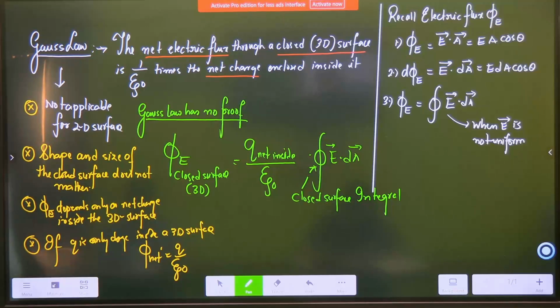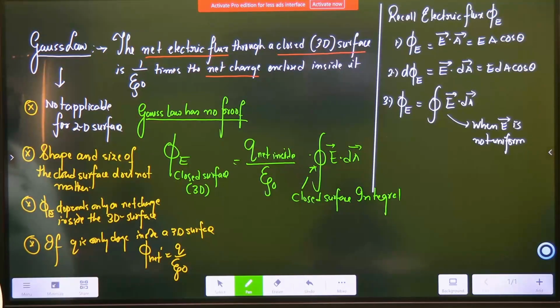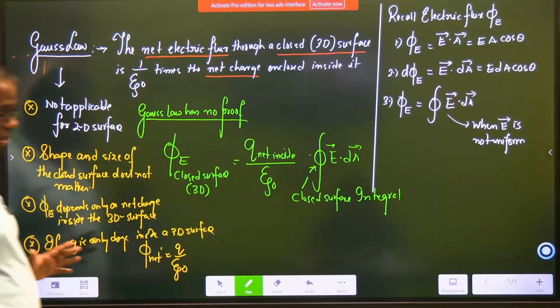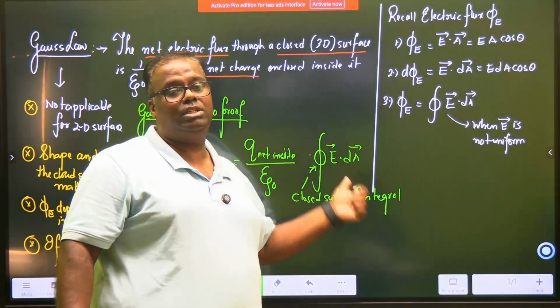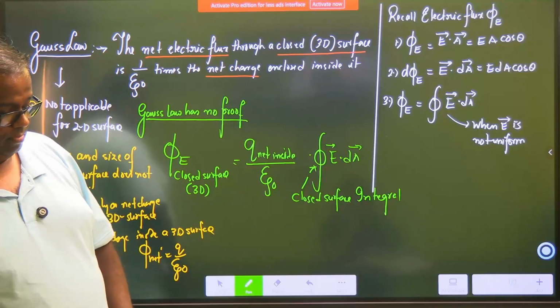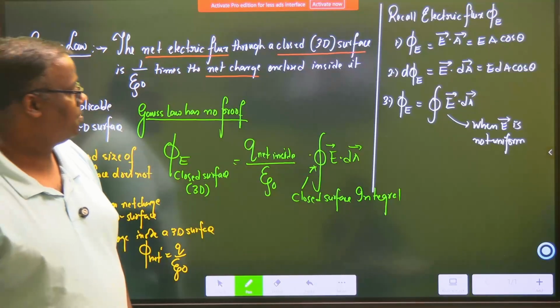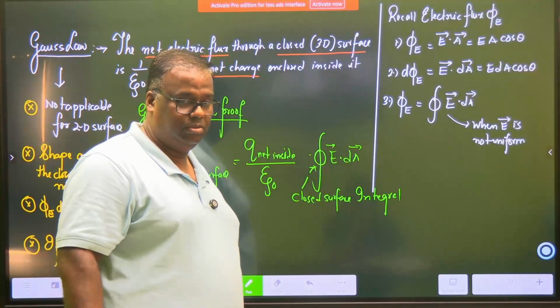This is what we are trying to say. Any doubt at this position? Phi E is E dot dA. We use this formula when the electric field is not uniform. Is it clear now? Okay.